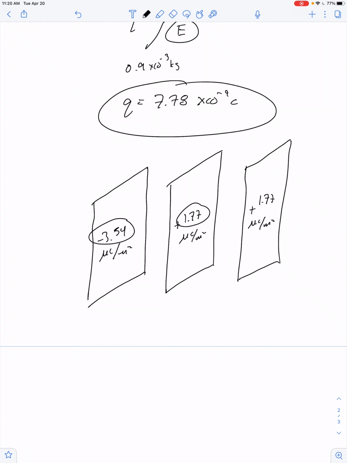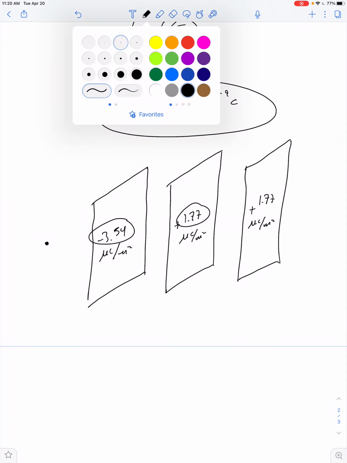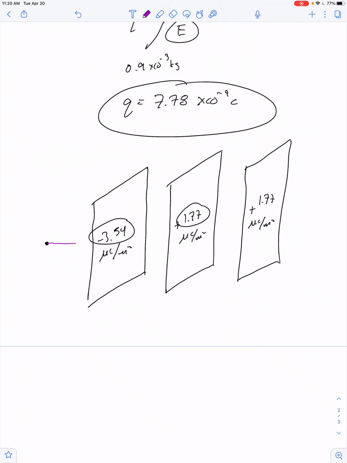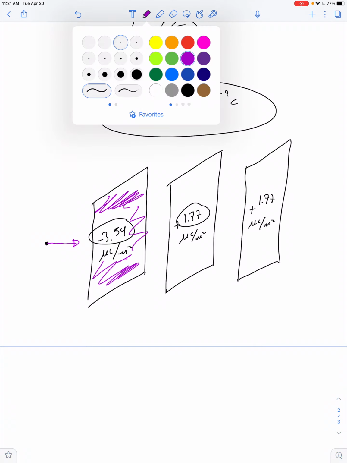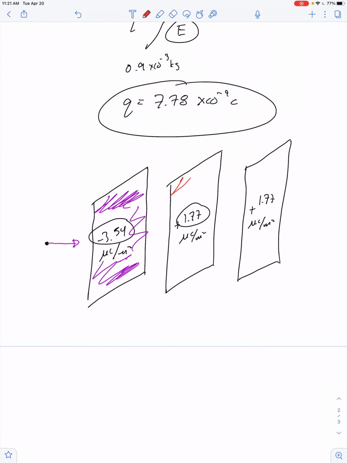So if we were to picture a point over here and try to find the electric field, there's a component of that electric field that points to the right due to the negative charge distribution on this sheet. This sheet has a positive charge distribution, so that makes an electric field that points to the left.